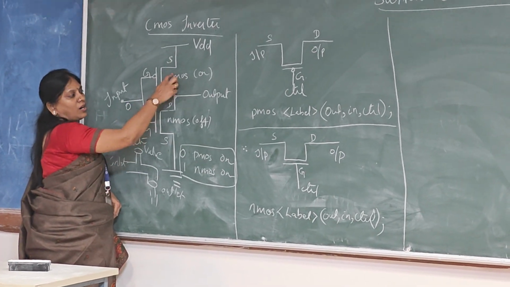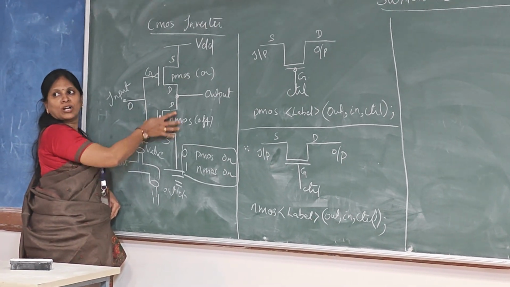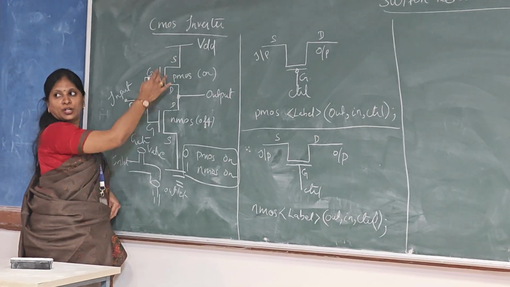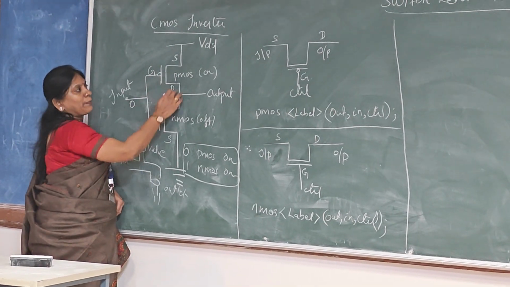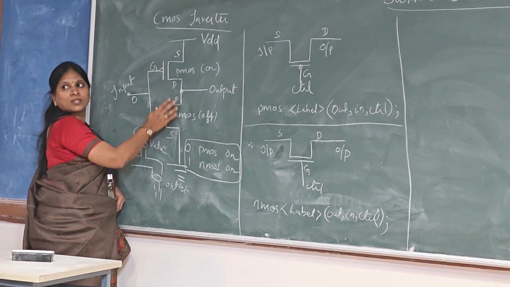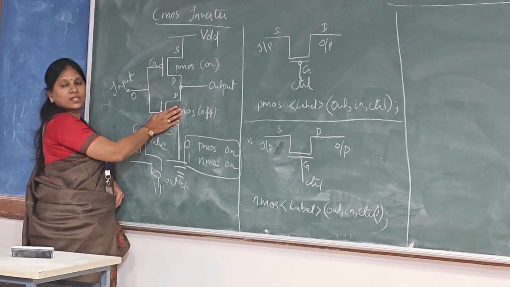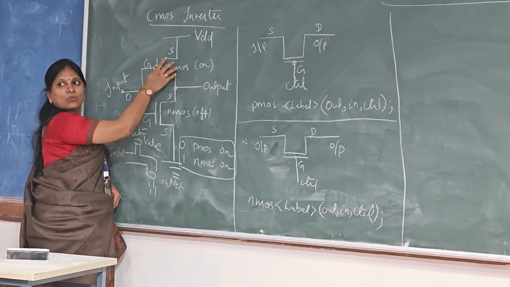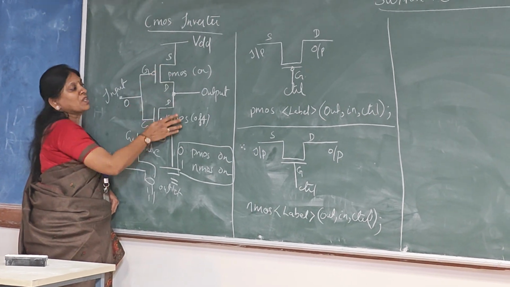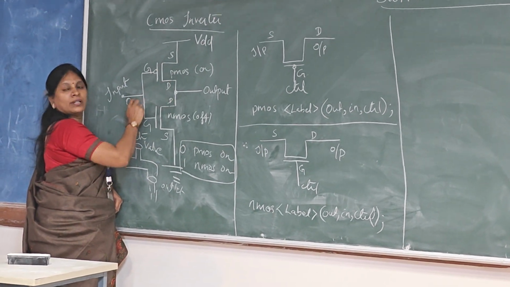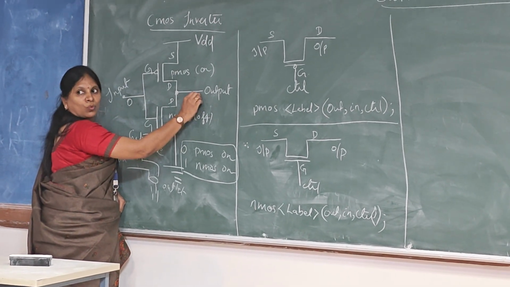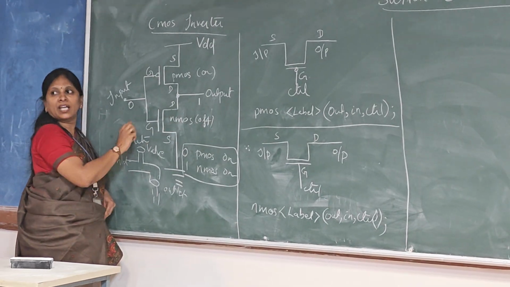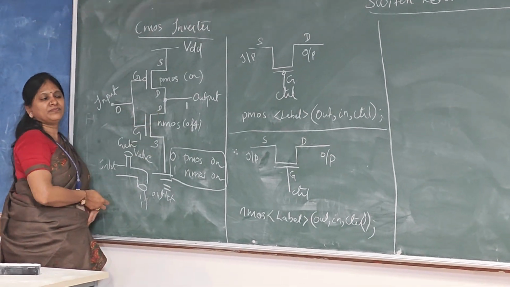Only this is on and this other transistor is off. So there is no direct path from VDD to ground. The circuit does not close, so all the voltage drops at this place, since only this is on. So if you apply 0, you get a high output.